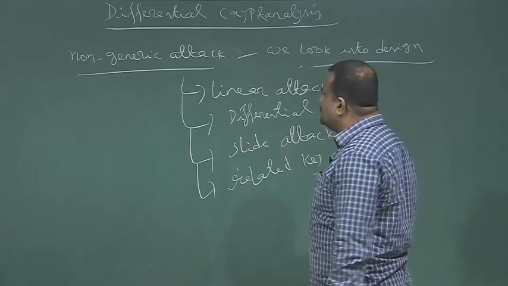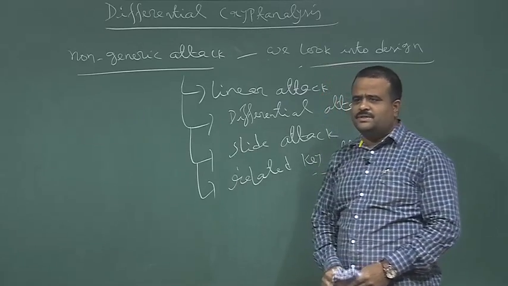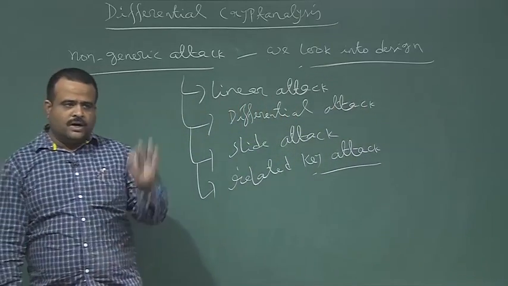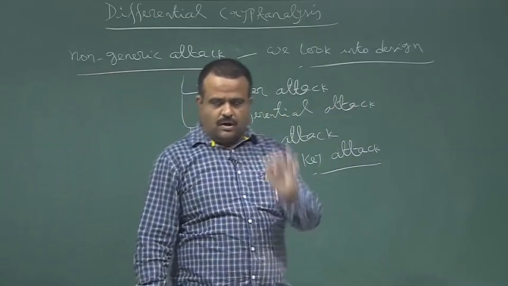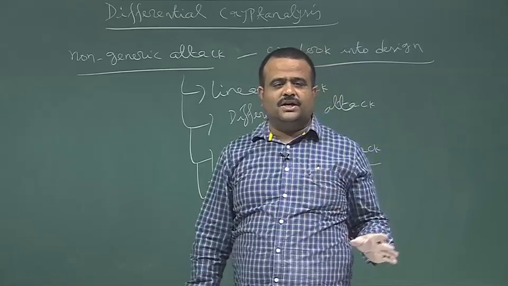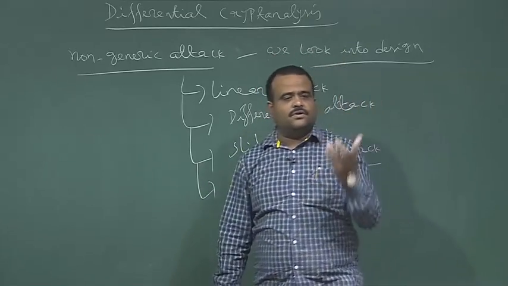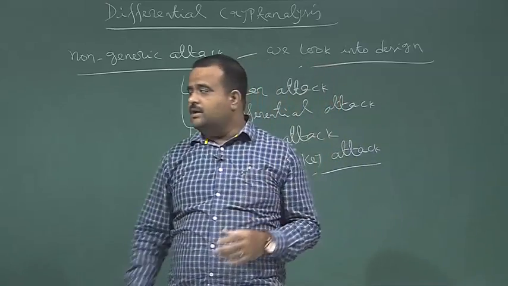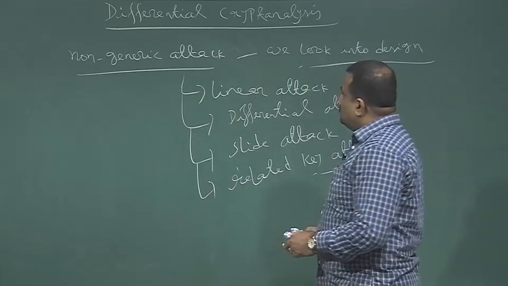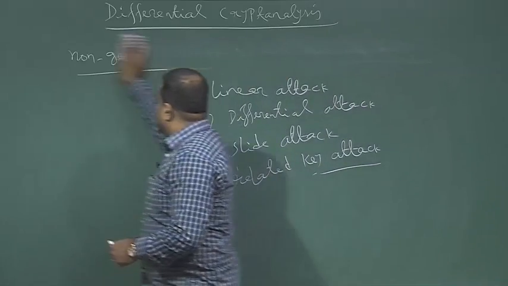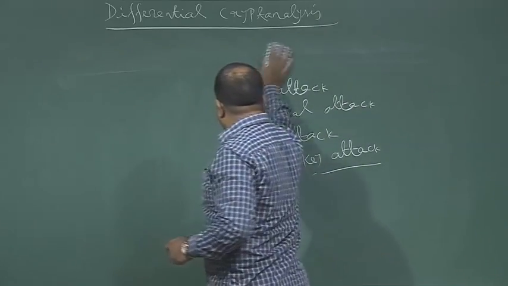So, these are basically non-generic attacks, that means the attack is particular to that design. We are looking into that particular block cipher, going into the design and checking whether there is any flaw there or not. If we find a flaw, then we can attack it. So, let us start with the differential attack, which is a non-generic attack.